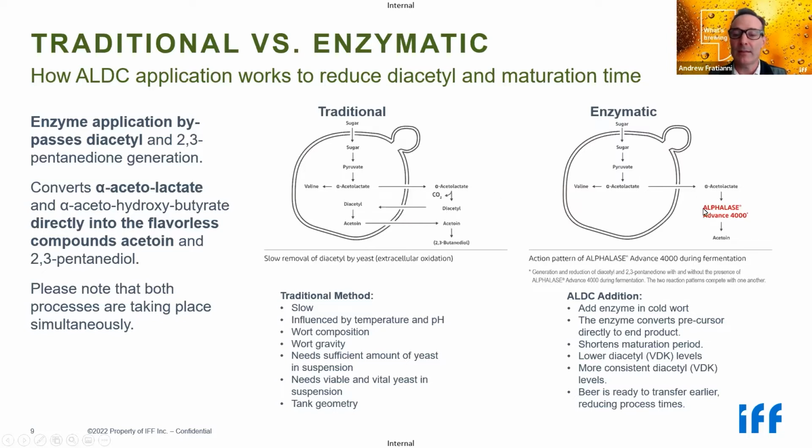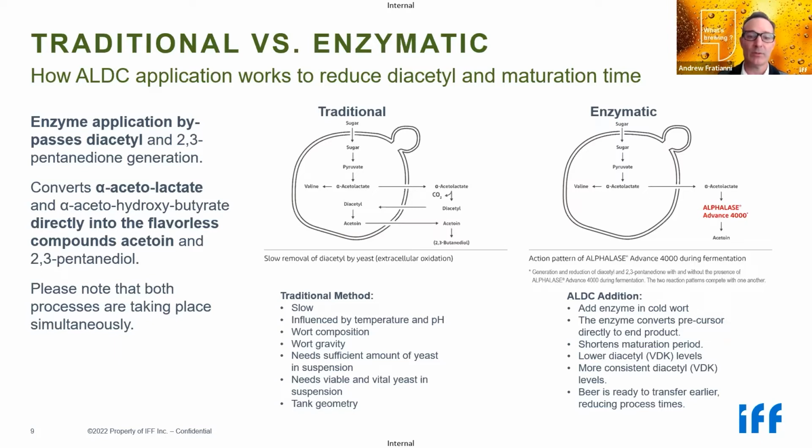So if you're adding the enzyme, it's added to the cold wort prior to yeast addition, and it will take that precursor and turn it directly into the acetoin, which has a very high flavor threshold. And we have some customers in other regions who, before using the ALDC, were waiting 12 and 14 days for diacetyl levels to come down to the specification.